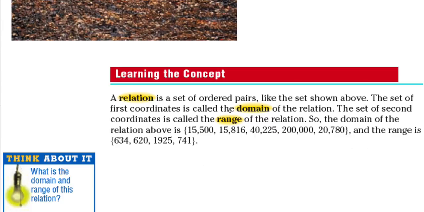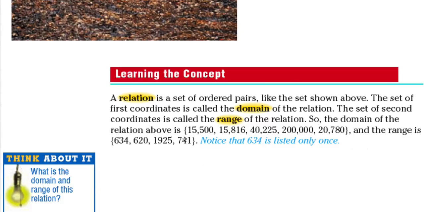The set of first coordinates is called the domain of the relation, and the set of second coordinates is called the range of the relation. So the domain of the relation above are your x coordinates, 15,500, 15,816, all the way to 20,780.